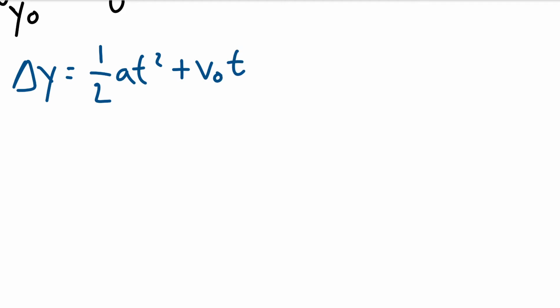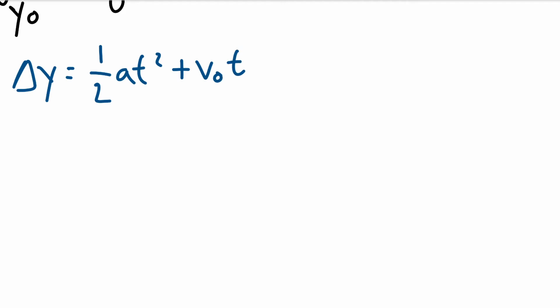And I'm going to write that y of t minus y naught is delta y, just for this equation, equals 1/2 a t squared plus v naught t.